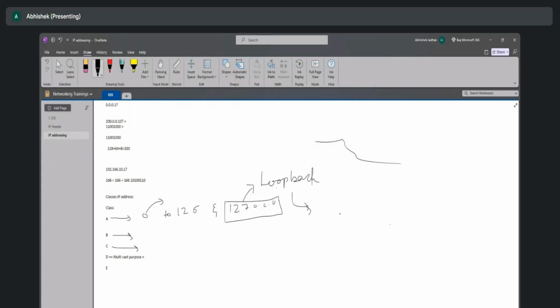Let's say you have a new laptop, or maybe you are into manufacturing devices and you want to test whether this particular interface is actually functioning or not. So how will you test it? You ping the loopback IP address of it. You just ping the loopback IP address and then you get a response back. So what is ping?